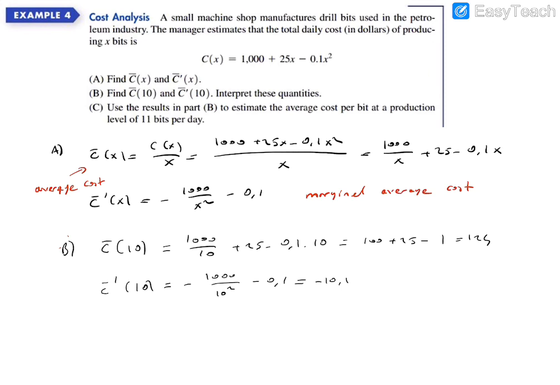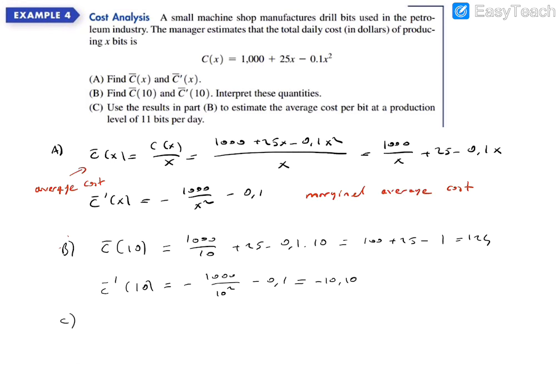So at a production level of 10 units per day, the average cost of producing a bit is $124. This cost is decreasing, because it is negative, decreasing at the rate of $10.10 per unit.